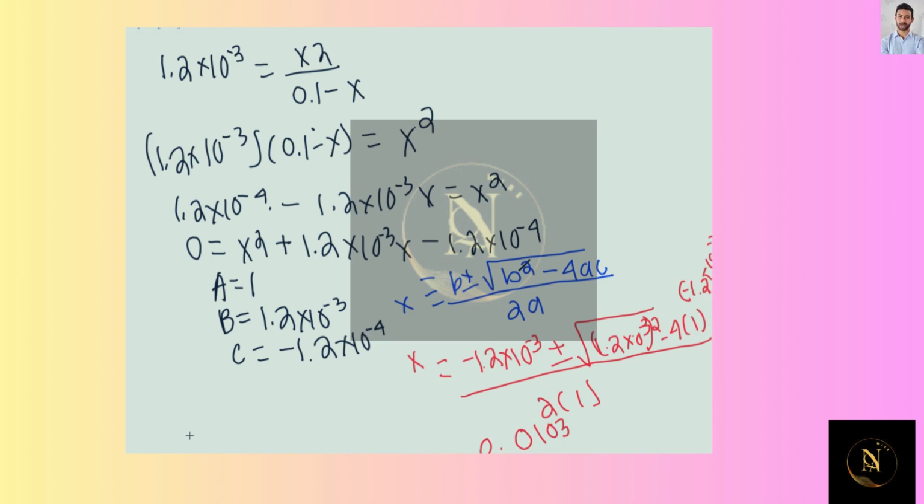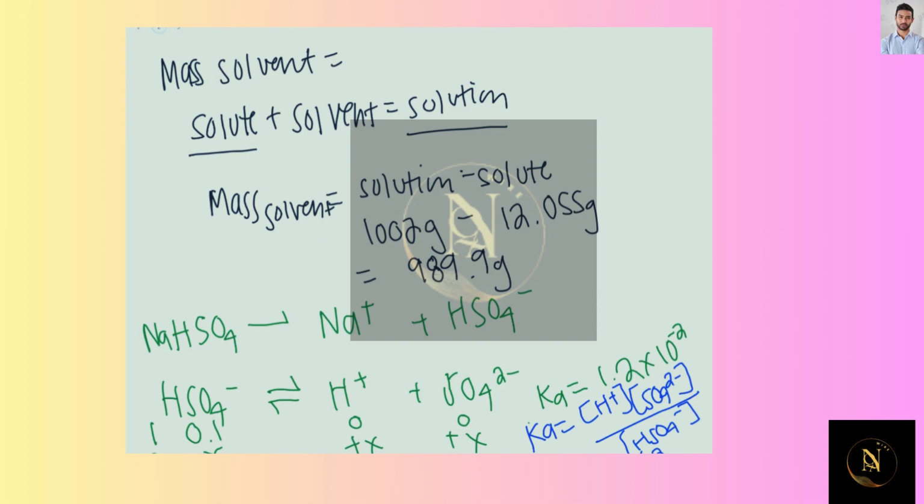Now, since we know what our x is, we can find the concentrations of our other species. We know from our ICE table that we saw on page 2 that x for the Na plus and SO4 are equal to each other. And so we know those concentrations, but the equilibrium concentration for HSO4 minus is going to be 0.1 minus our x value.